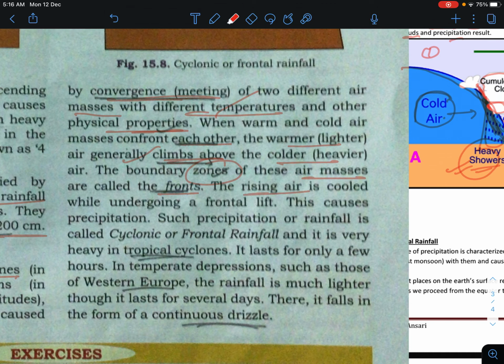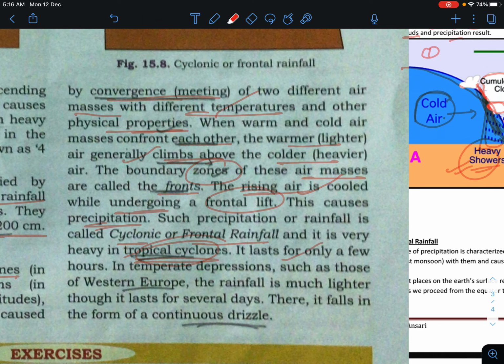The rising warm air cools while going up the front, and this causes precipitation. Such rainfall is called cyclonic or frontal rainfall, and it is heavy in the tropical areas and lasts for only a few hours.